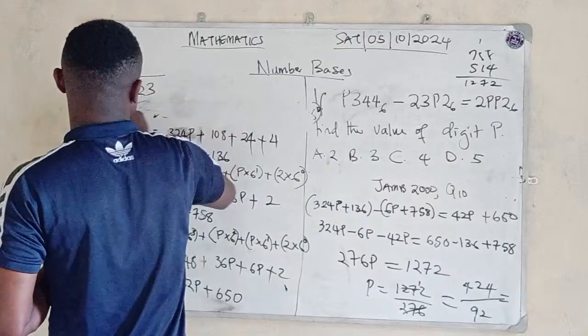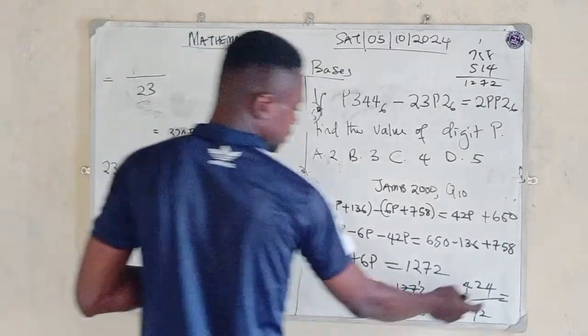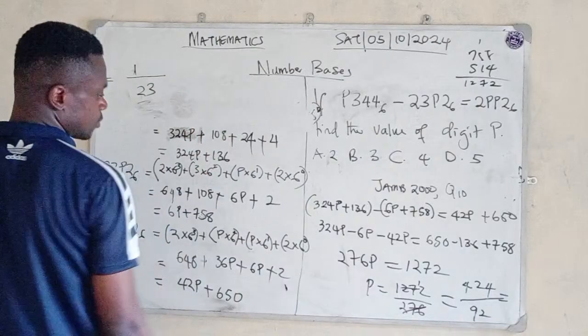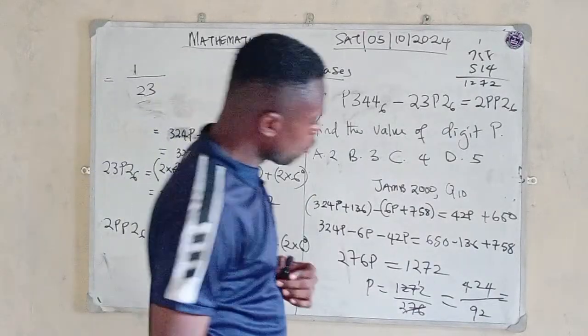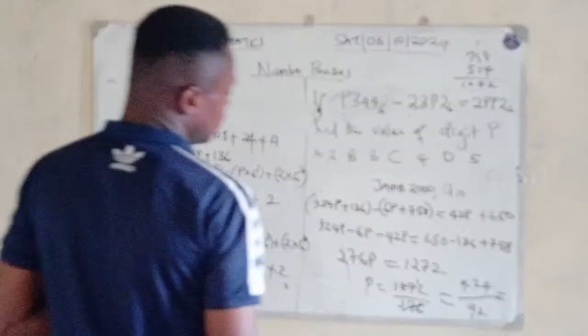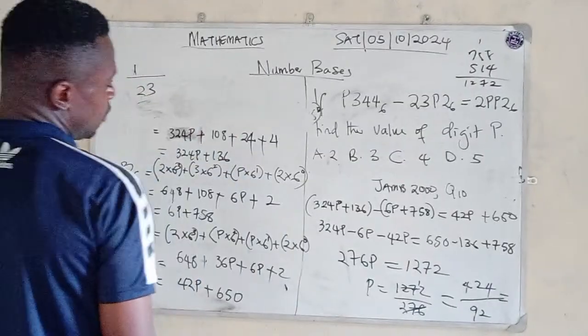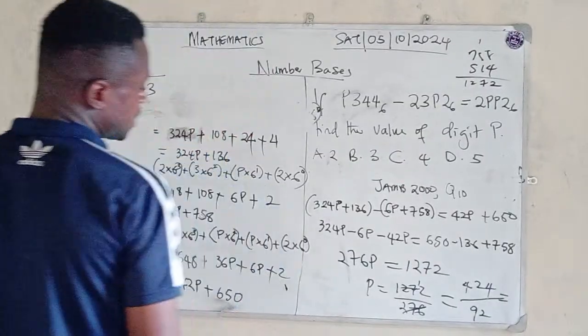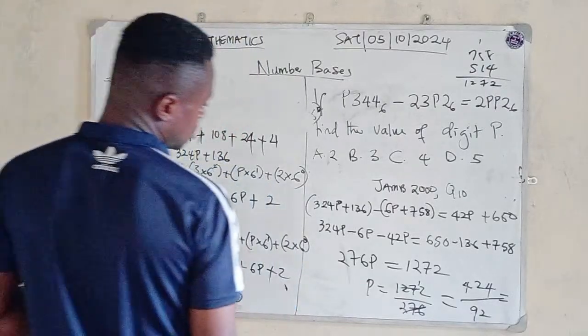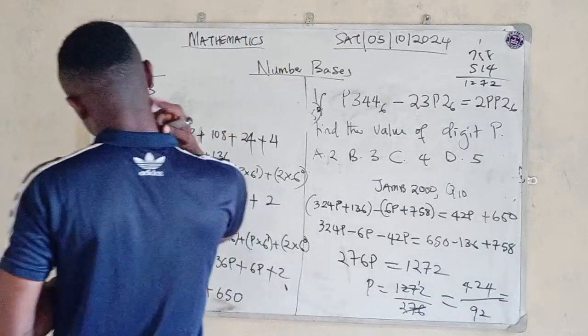So what of this place? 4 here is 1. 1 remainder 0. 0, you add in the base you are working on. 0 plus 10 is 10. 10 times 4 is 42. So let us move 42.